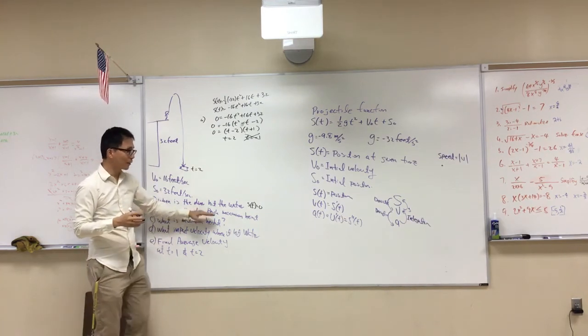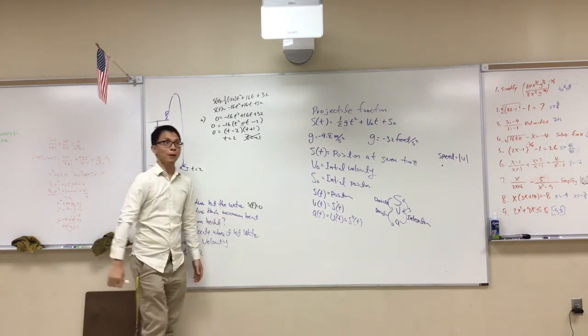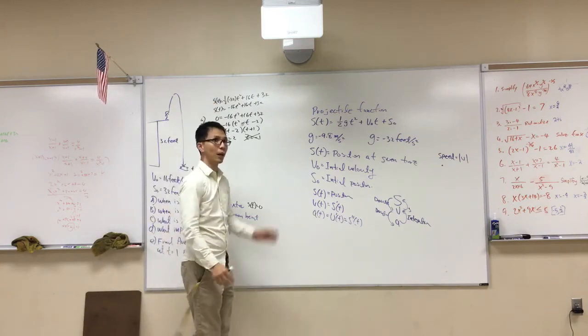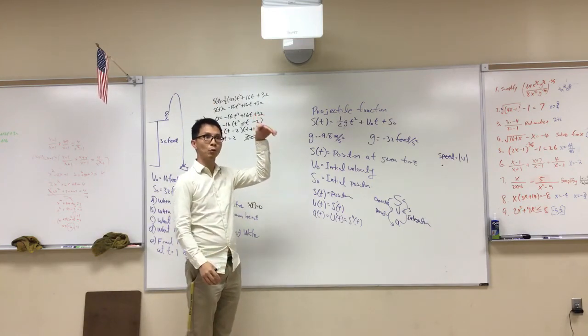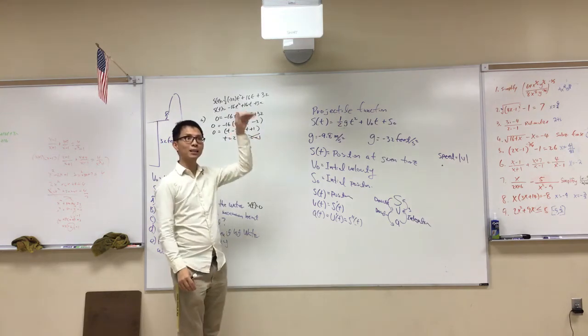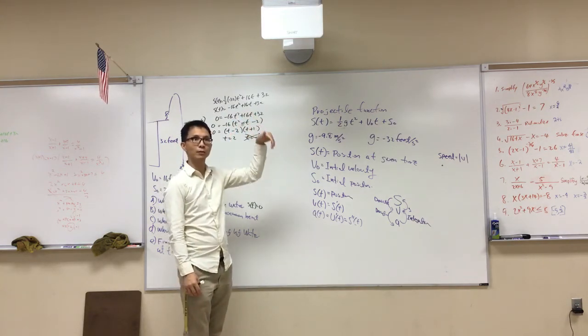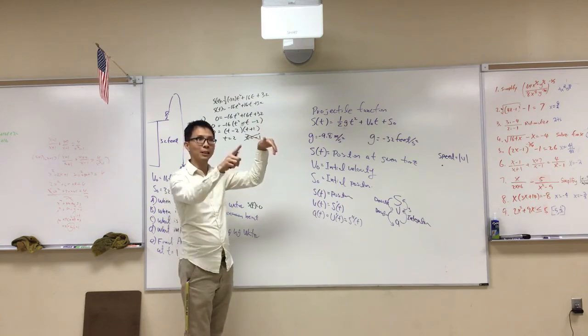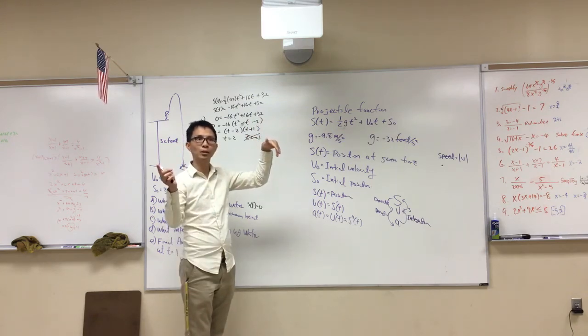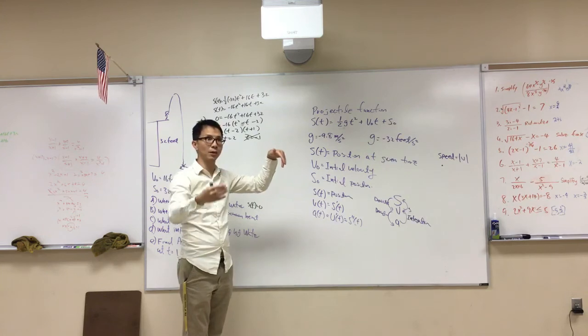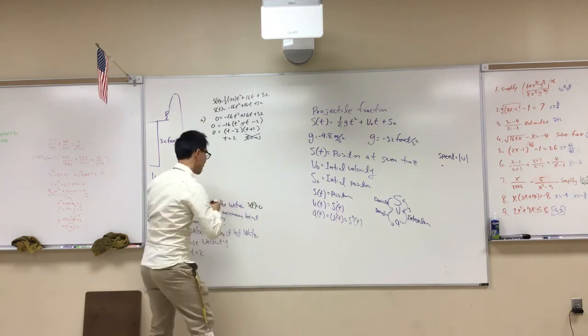When does the diver reach maximum height? So if I'm jumping to the highest point, what will happen? Now the maximum height is like a vertex we talked about yesterday, which is what? Derivative equals 0. So velocity is equal to 0.